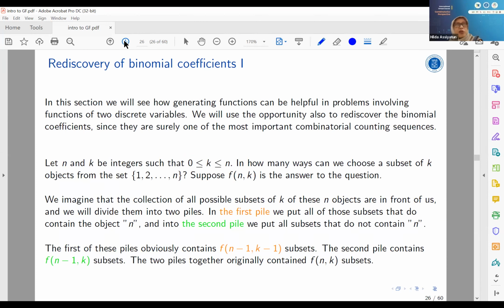I'm sure you have learned about this in discrete mathematics, because it is maybe one of the most important sequences in combinatorics. Now let's pretend that we don't know about this sequence, and we will employ this method to get it.